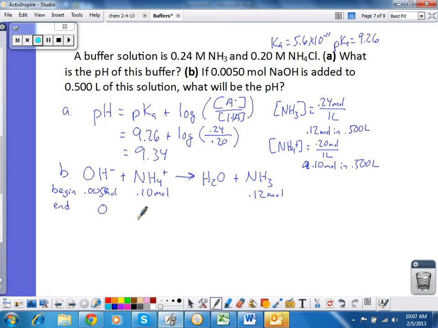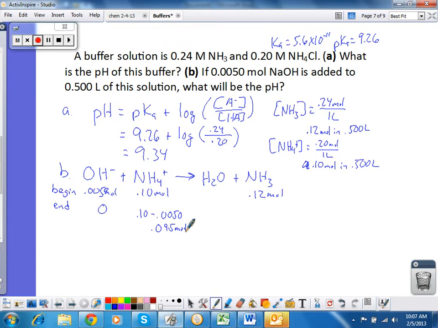My moles of ammonium are going to be 0.10 minus, because it's going to react with the hydroxide, minus 0.0050 moles, and that's equal to 0.095 moles. So that's how many moles of ammonium are left at the end.